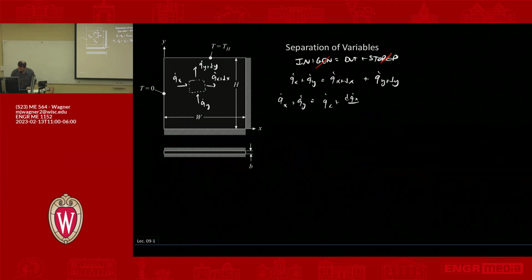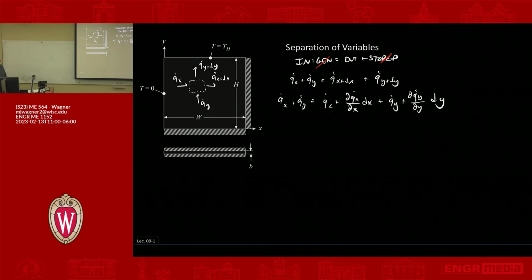It's now a partial, so it's the partial operator: partial q dot x over partial x times dx, the differential length, plus q dot y plus partial q dot y over partial y times dy.